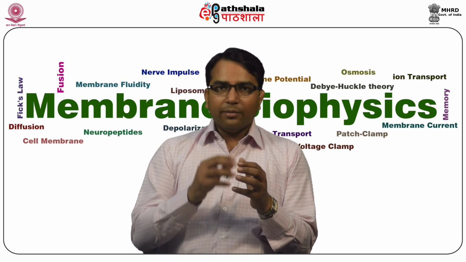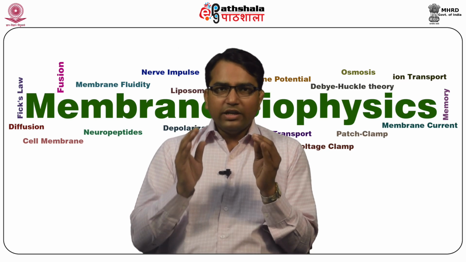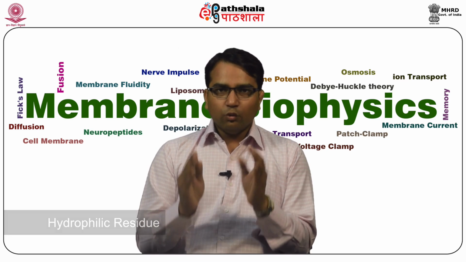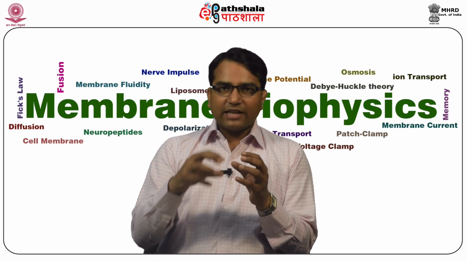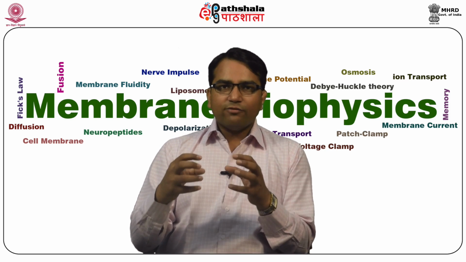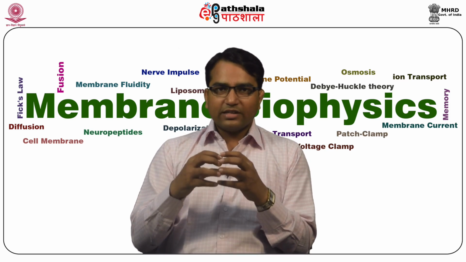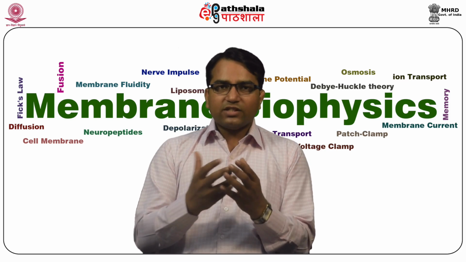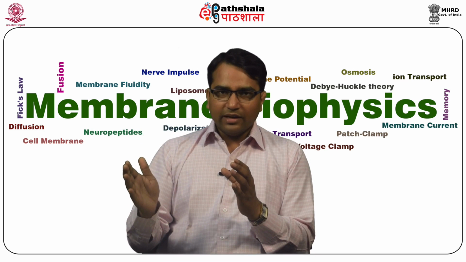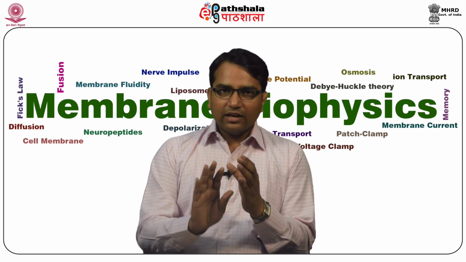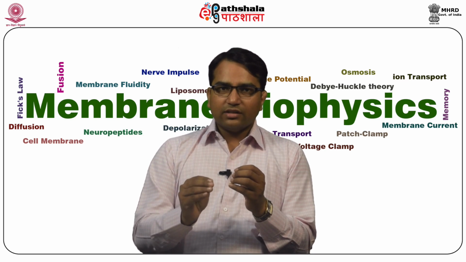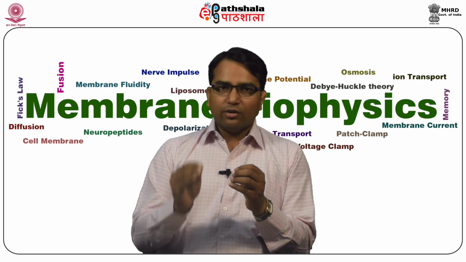So the channel forming membrane protein has a unique distribution of hydrophobic and hydrophilic residues, with hydrophobic side chains towards the lipid side of the membrane and hydrophilic side chains towards the core of the channel. This specific arrangement of hydrophobic residues towards the membrane and polar residues towards the channel is known as the amphipathic arrangement of amino acids in channel forming membrane proteins.